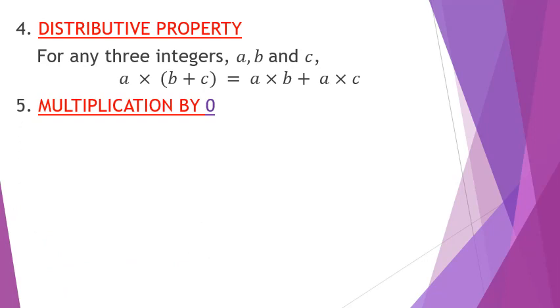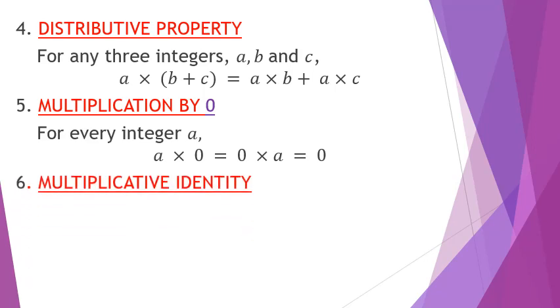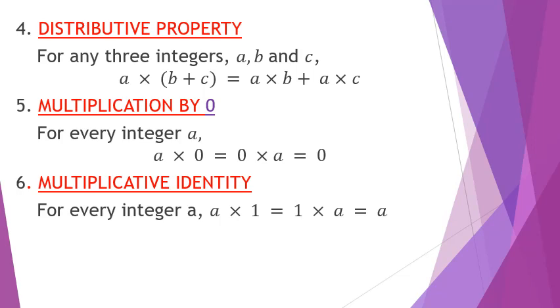Next is multiplication by 0. If we multiply any integer by 0, the result is 0. For every integer a, a into 0 equals 0 into a equals 0. Next property, multiplicative identity. That is, if we multiply any integer with 1, we get the same integer.